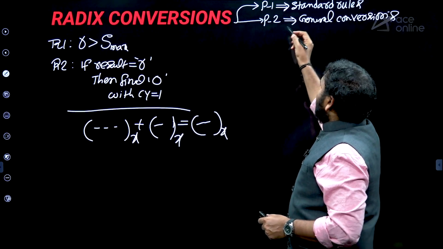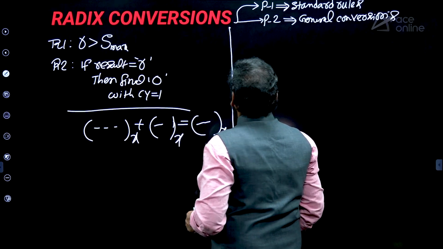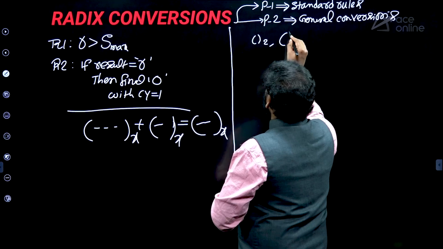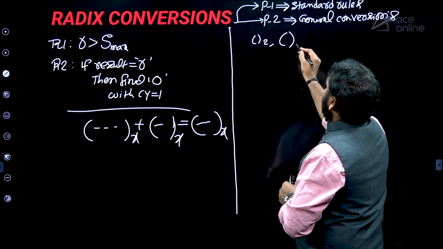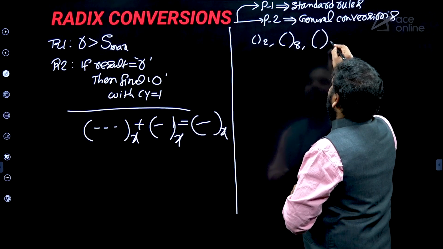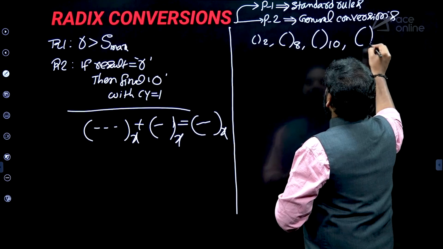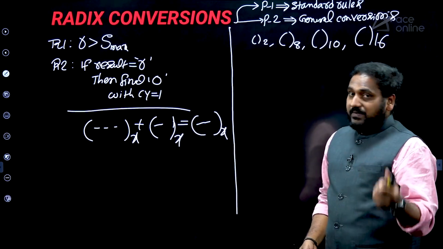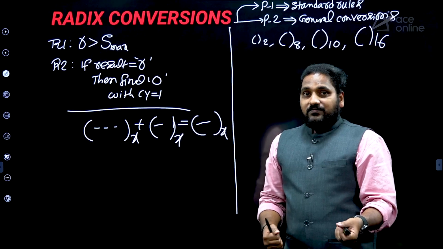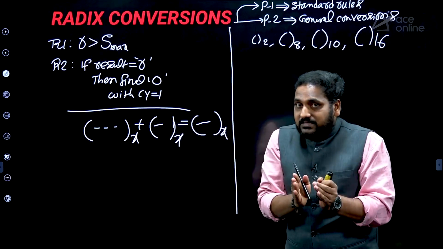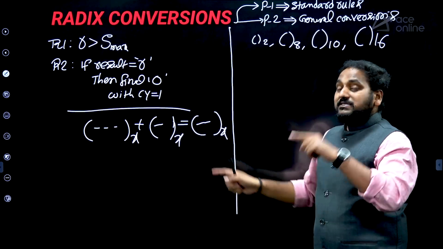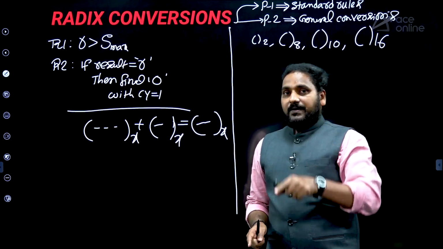And phase 2, general conversion, I don't know whether you remember or not. General conversion, like from the standard number systems, binary, octal, decimal, hexadecimal. Here we have developed some new systems, new radix, maybe base 3, maybe base 7. We have developed the conversion systems and new radix also, right? Those things are generally for conventional papers.